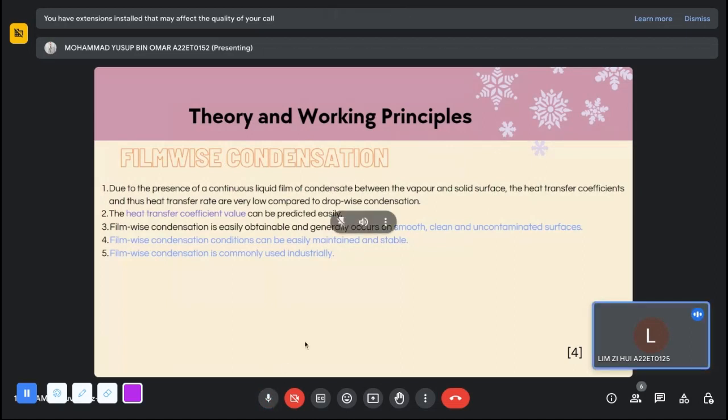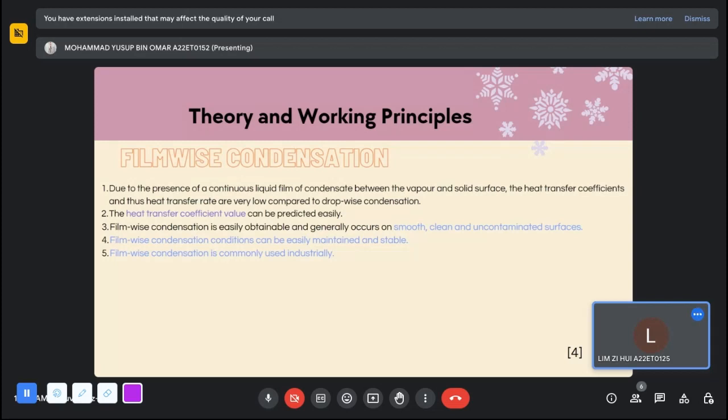For film-wise condensation, due to the presence of a continuous liquid film of condensate between the vapor and the solid surface, you can clearly see that the heat transfer coefficient and the heat transfer rate are very low compared to dropwise condensation. But the advantage is that, although the heat transfer coefficient value is very low, for film-wise condensation it can be predicted easily, and film-wise condensation is easily obtained and generally occurs on smooth, clean, and uncontaminated surfaces.